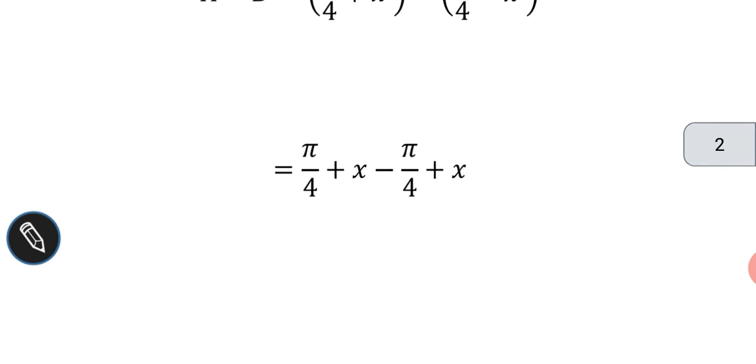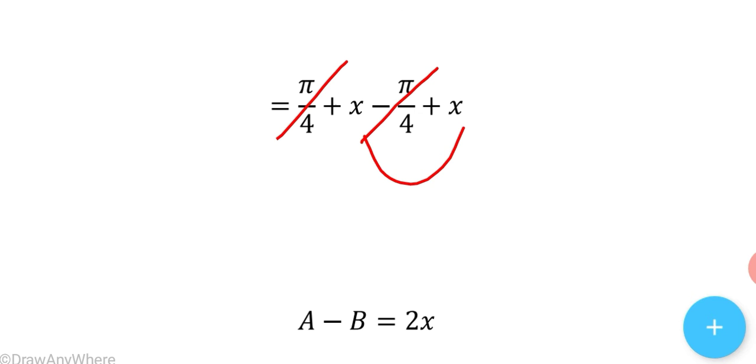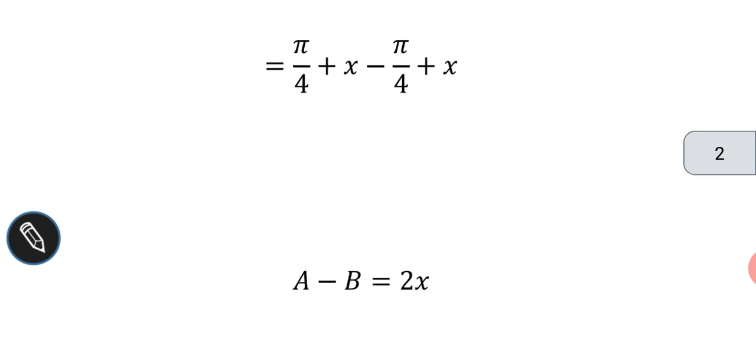Now pi by 4 minus pi by 4 gets cancelled. So x plus x becomes 2x. So a minus b is equal to 2x.